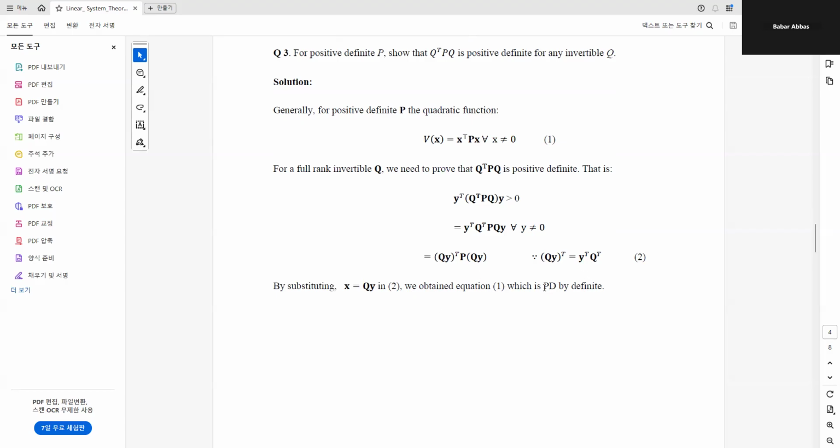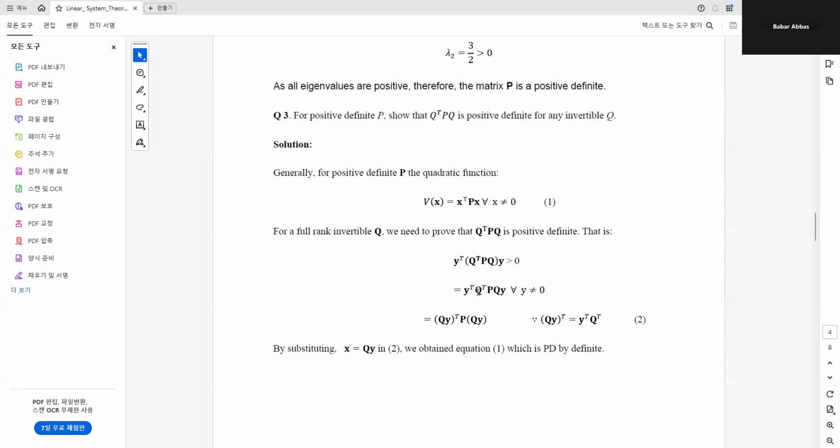Hence we have proved that Q transpose P Q is a positive definite matrix for any invertible Q.